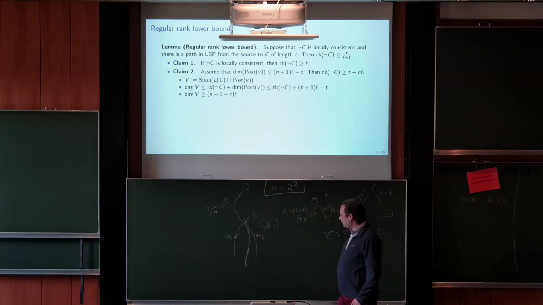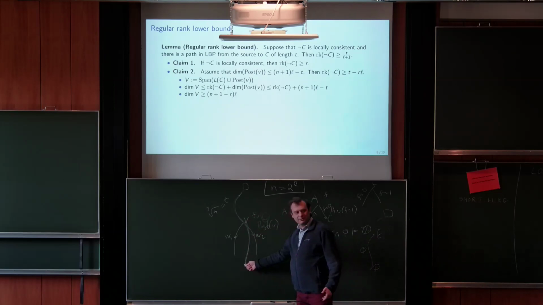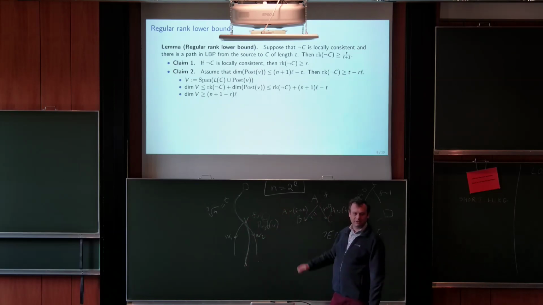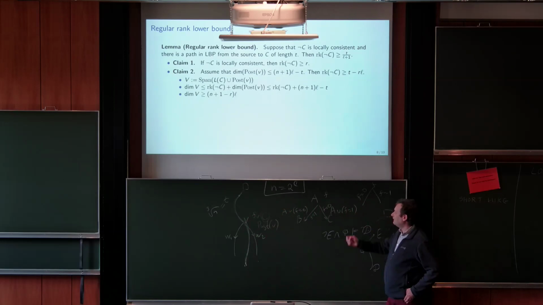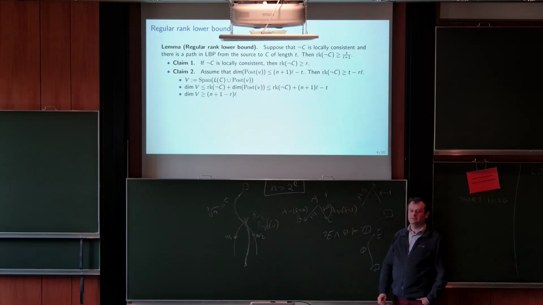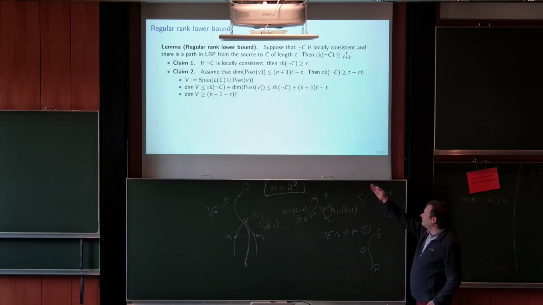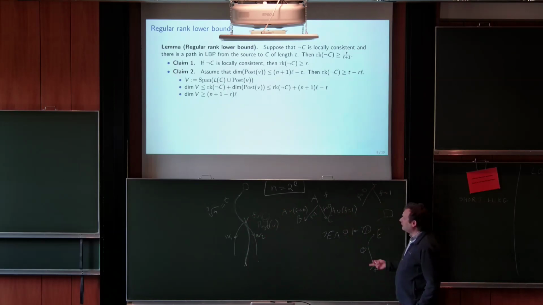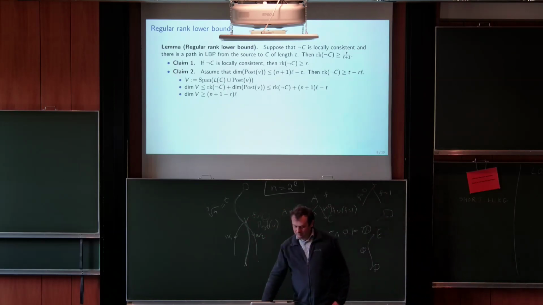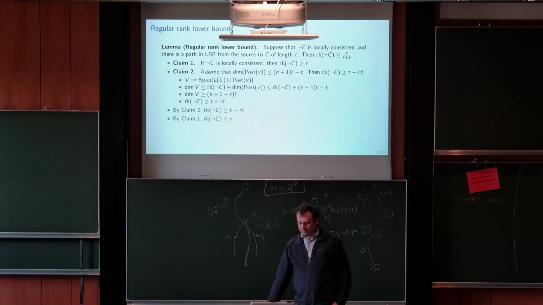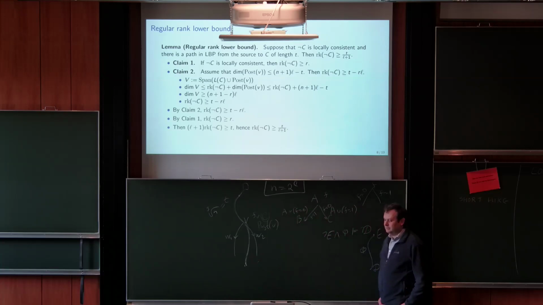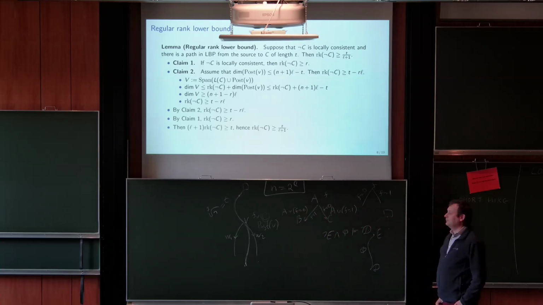That means that all variables from this clause should be in this V. So we lower bound V from below, and from this we get what we want. And so we have two bounds, and we can combine them by multiplying the second one by L and adding. And now we have a lower bound on the rank of the negation of C.